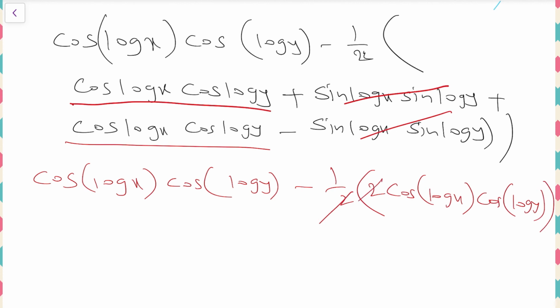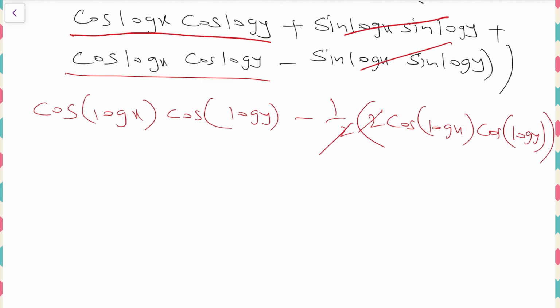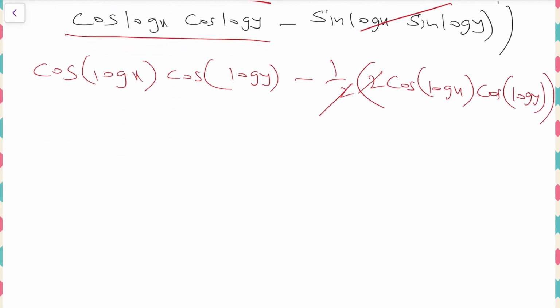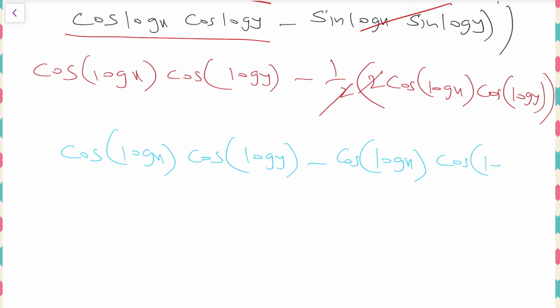Here 2 will get cancelled, then we remain with cos of log x into cos of log y minus cos of log x into cos of log y. Everything will get cancelled, so we remain with the answer 0. Hence proved.